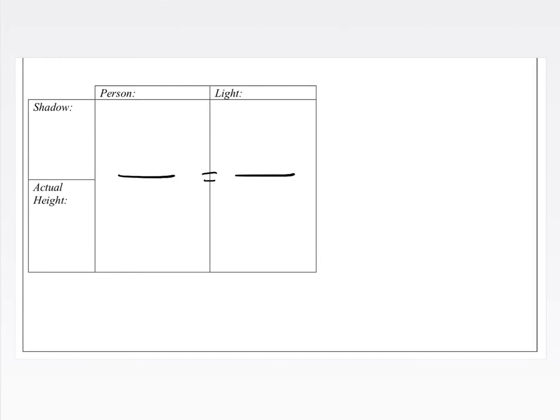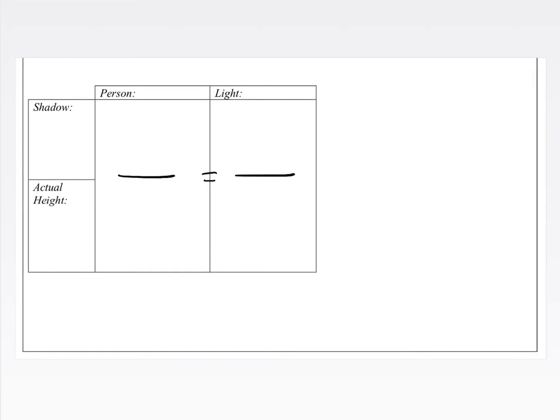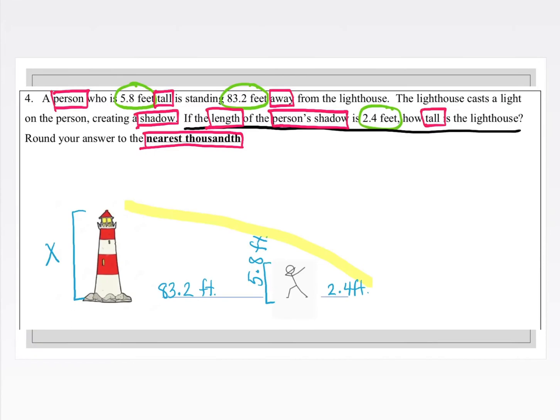So, what is the length of the person's shadow? From our problem, we know that it is 2.4 feet. The actual height of the person, though, is 5.8 feet. Now, the shadow from the lighthouse is just capturing the shadow of the lighthouse and not including the person.